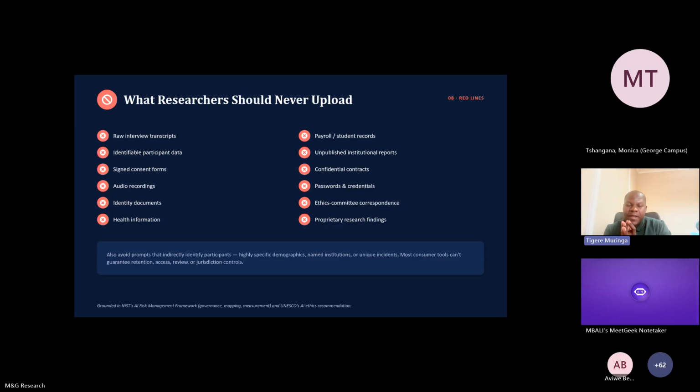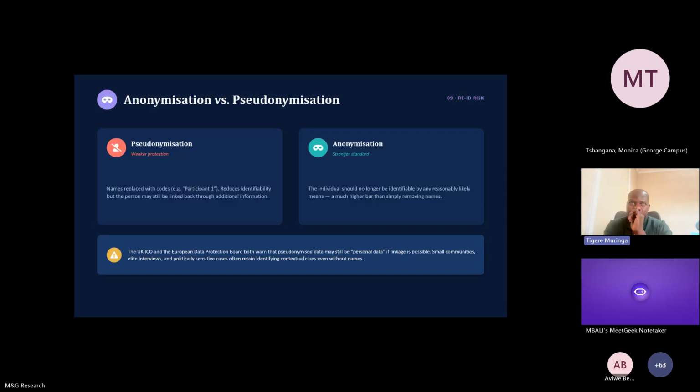The argument, therefore, is that removing names is never enough, because one person would want to come and say, I've anonymized my information, I've pseudonymized, I've removed all personal identifying information, no names are mentioned, and the excuses that we give. The argument still remains that removing names is not enough when you're using AI platforms.